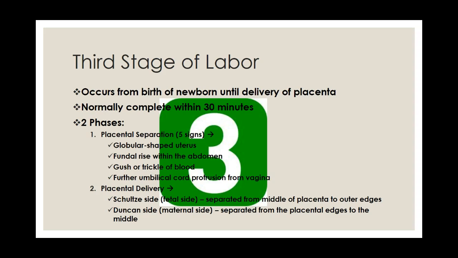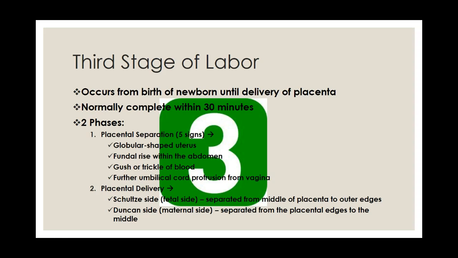If it comes out Duncan side or maternal side, that means that's the side that was attached to the uterine wall. Then it's separated from the edges towards the middle. And the way we remember that is shiny Schultz, dirty Duncan. And I'm going to show you a picture of this.